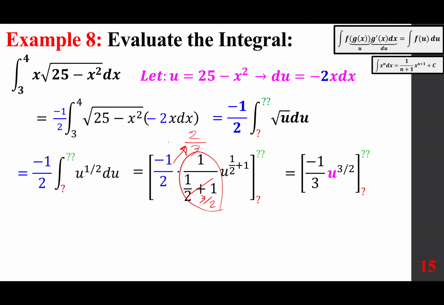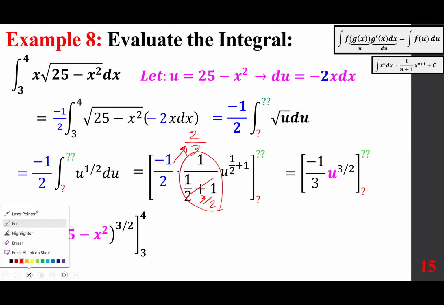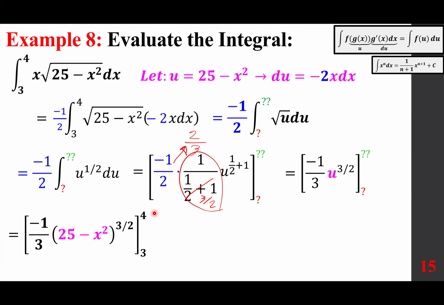Therefore, we can go back to the original variable and write down minus 1/3. U is replaced by 25 minus x squared to the power of 3/2, from the original limits 3 to 4.